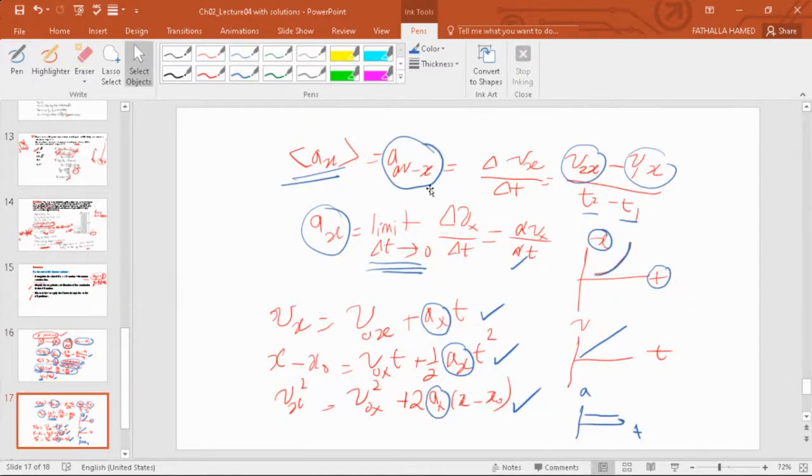Then the lecture after that, we extended the concept to changing the velocity, and we talked about A average along the x-axis, and I told you it can be written in this way as well. When you put these brackets around, it's also the average x component of the acceleration, which is delta Vx over delta t, which is V2x minus V1x over t2 minus t1.